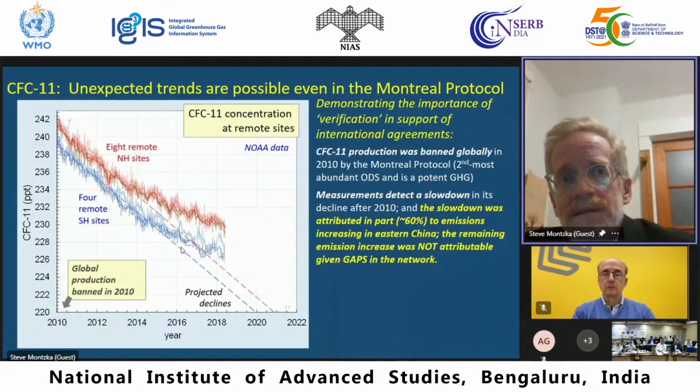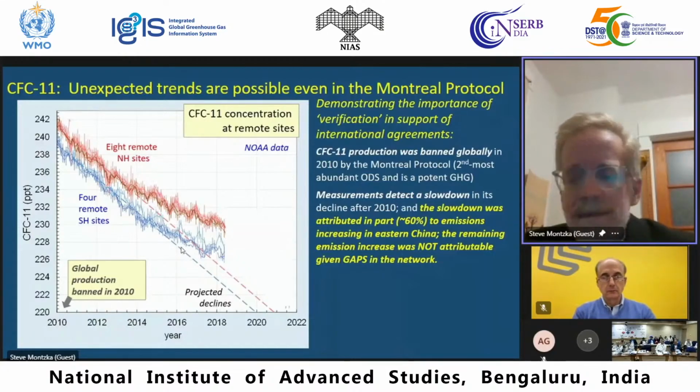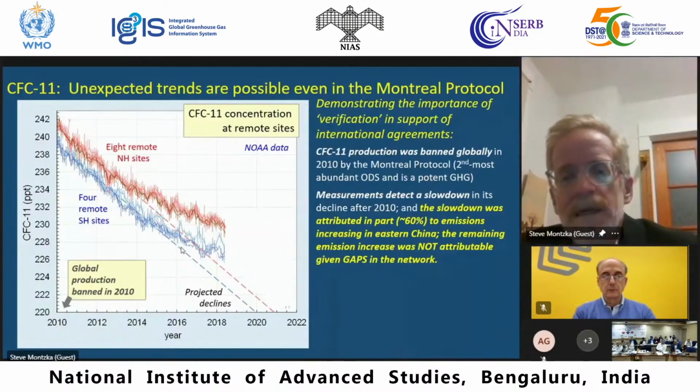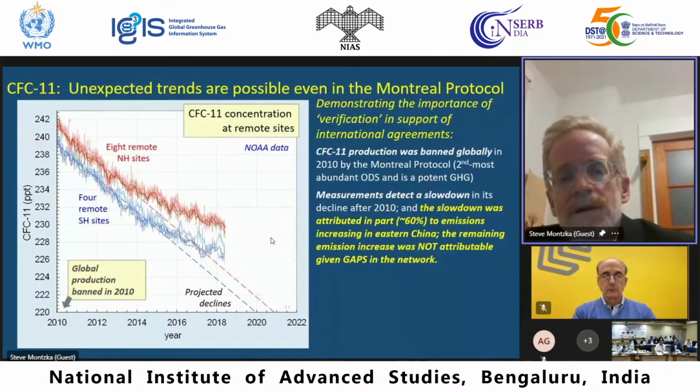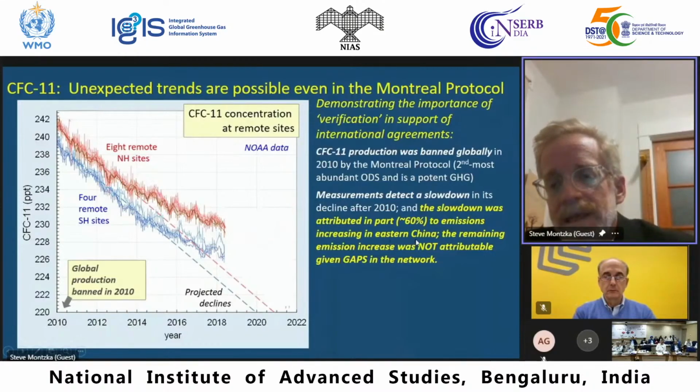Now, considering the map and where we can characterize emissions on a regional scale, looking at those maps and looking at the data that we had, this slowdown in the concentration decline was attributable in part, about 60%, to emissions that had increased in eastern China.